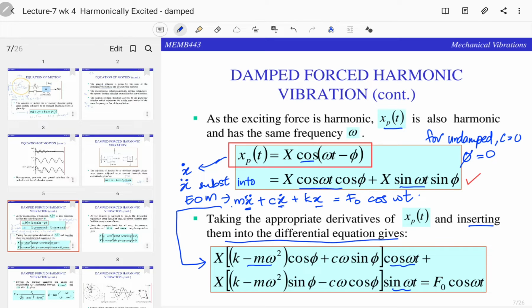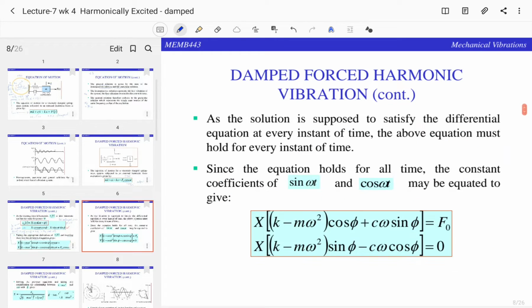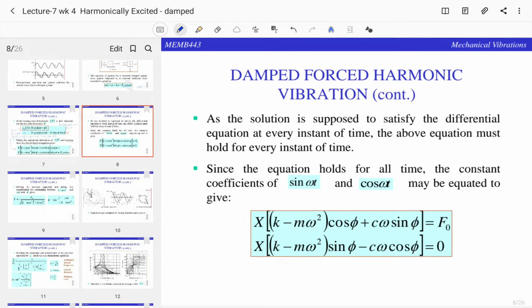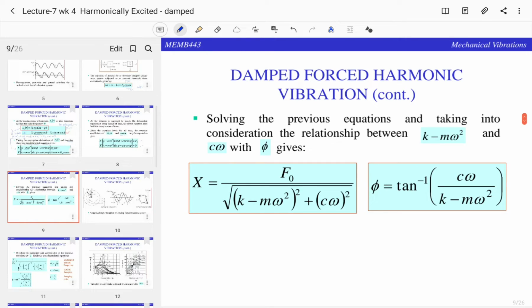Maybe you have to try and derive that yourself, but the main point here is since the equation holds for all time, the constants of sine omega t and cosine omega t may be equated, and so you have these two equations. If you rearrange in terms of how you express your x, you can get these two equations.